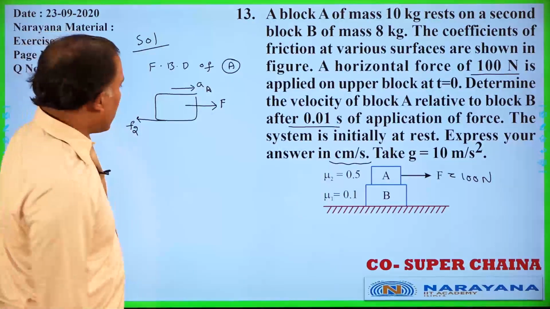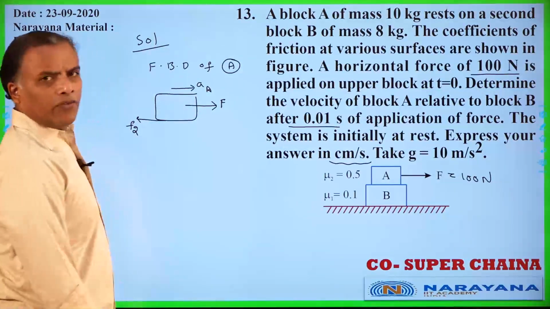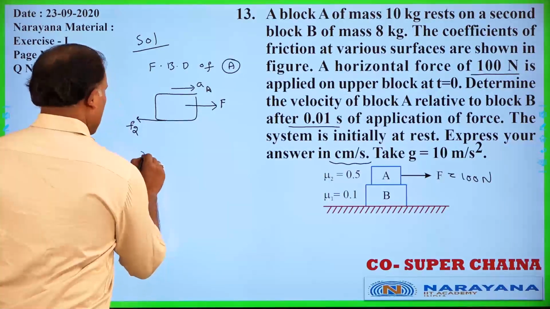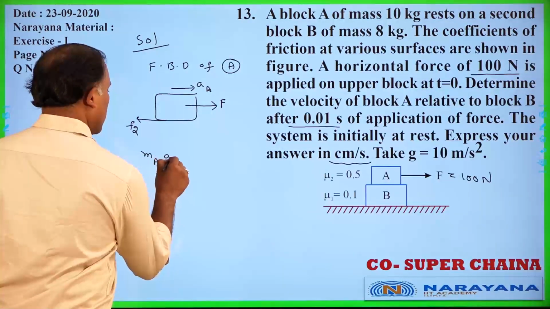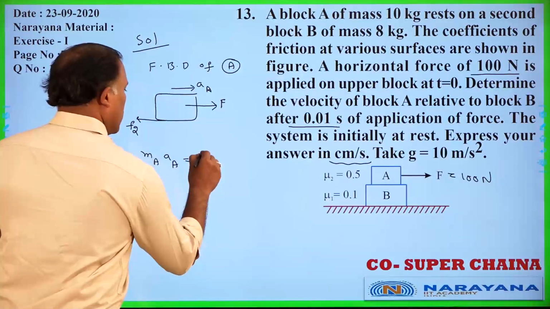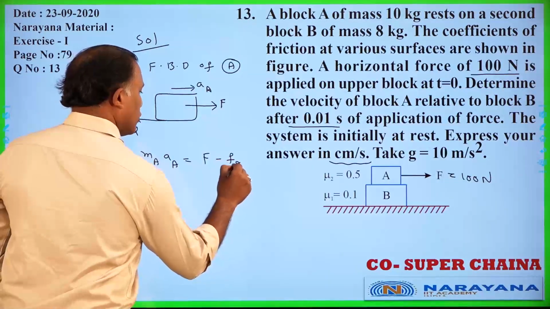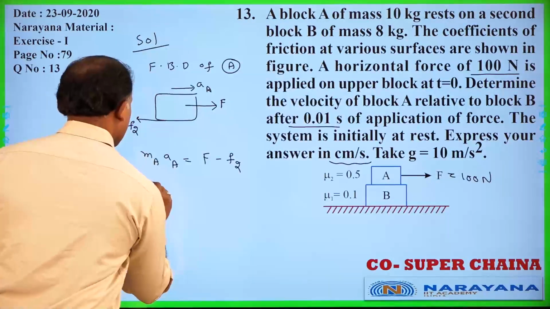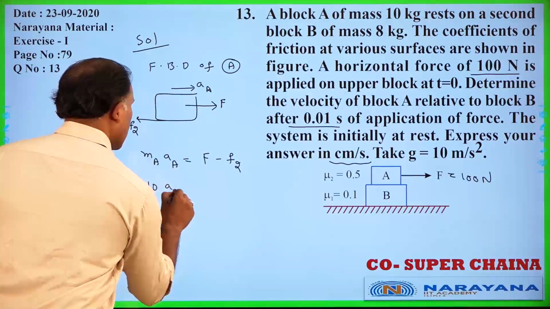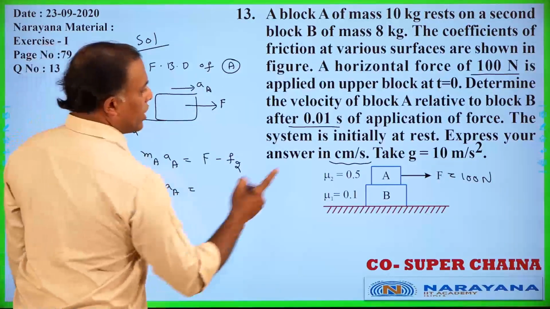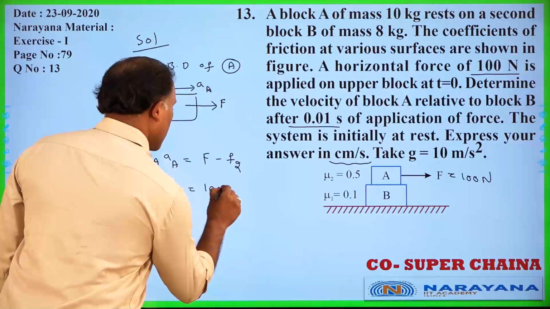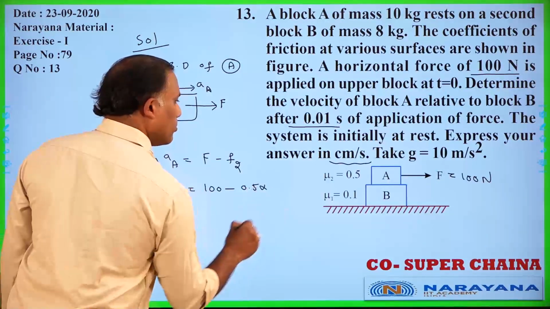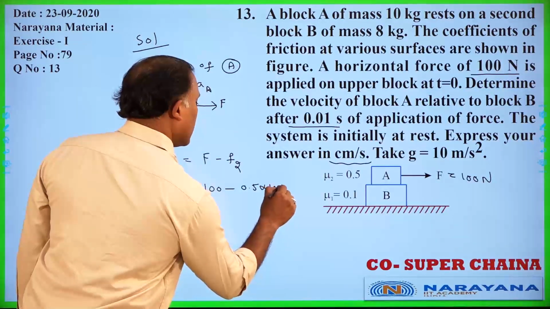So then what we can write: F minus F2, the resultant force, is equal to mass of A times acceleration of A. What is the mass of A? 10 kg. So 10 times acceleration of A is equal to F, 100, minus mu mg, mu 0.5, mass 10, gravity 10.